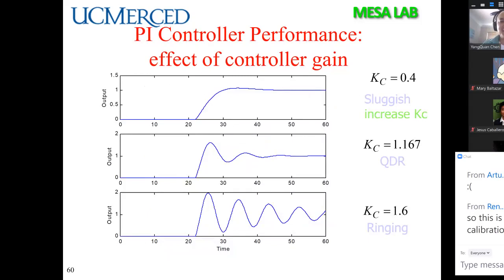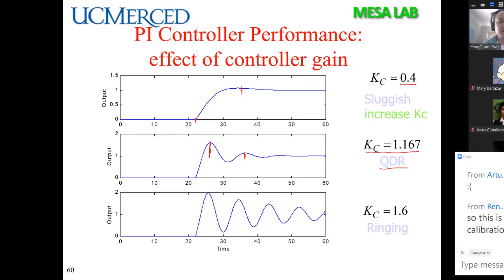If you use a smaller gain, then the system is sluggish, meaning slow; from here to here you need more than 10 seconds. But if you increase the gain, you have QDR, which is good. QDR means this and this is 25% or less.